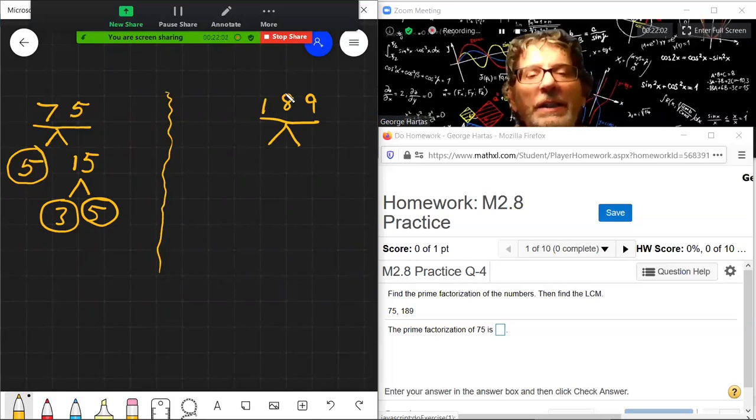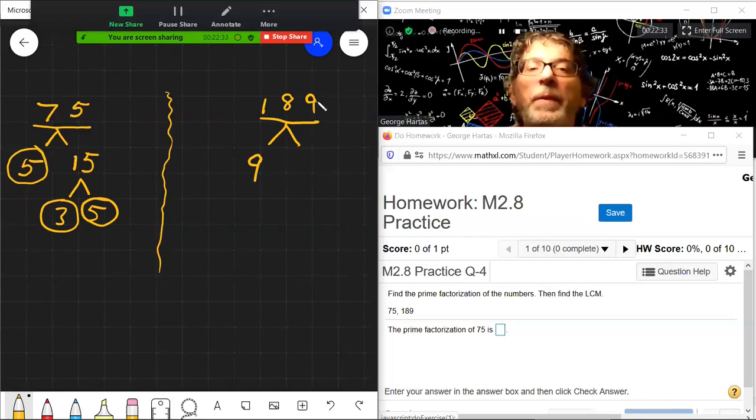1 plus 8 is 9. 9 plus 9 is 18. 3 goes into 18. And also 9 goes into 18. Because remember, for the rules of divisibility, the 3 and the 9 have the same rule. Add the digits. And if the sum of the digits is divisible by 3 or 9, then the original number is divisible by 3 or 9. Instead of choosing 3, though, I'm going to choose 9. Why?